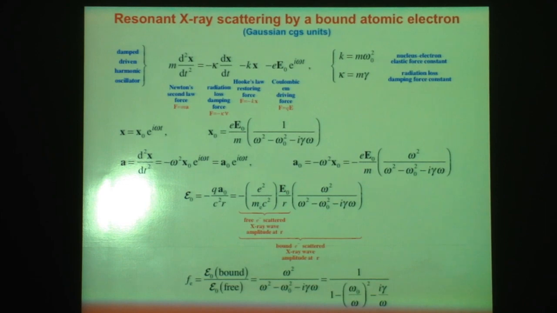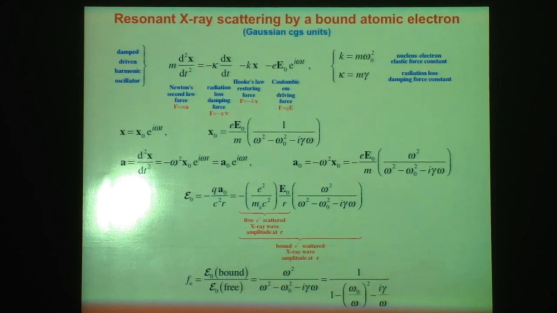If we don't have the restoring force to worry about, the scattering for the free electron, defined in this way, E0 free over E0 free, is a unit value for the scattering factor for a single electron in the absence of these other effects.